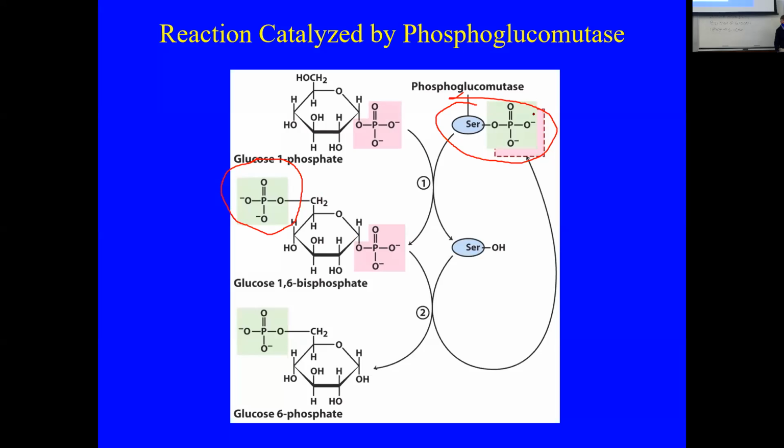And then this same serine is able to remove the 1-phospho group, leaving us now with glucose 6-phosphate. This process goes easily in either direction. But if we are breaking down glycogen, we will have much more of the glucose 1-phosphate, which will drive the reaction towards the formation of glucose 6-phosphate, which will be utilized in glycolysis.